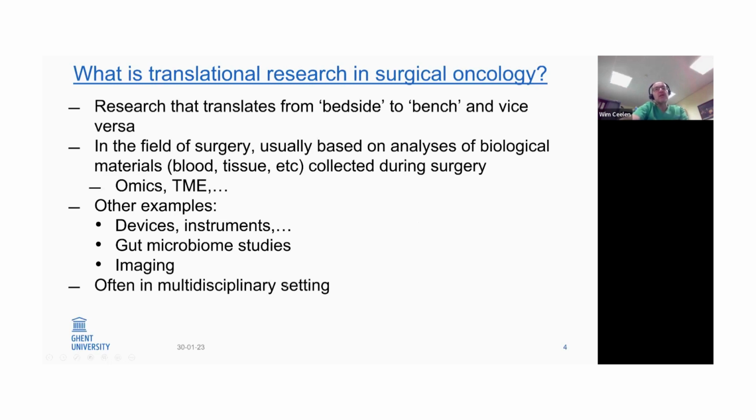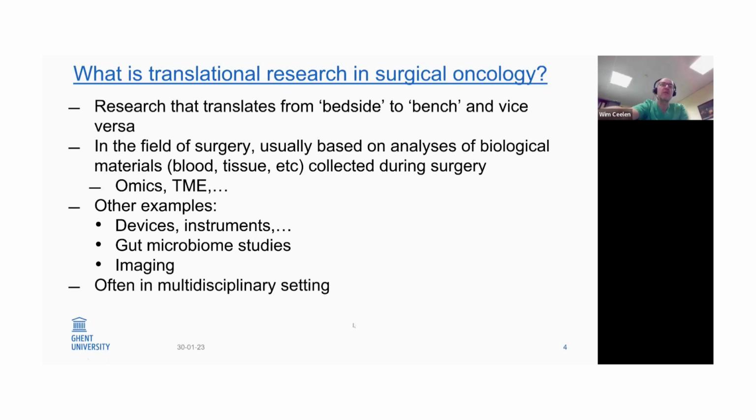The focus is mainly on biomarker development, on predictive models that predict response to therapy, and on prognostic models that predict the outcome of therapy, be it surgical or medical, based on the specific molecular assets of the tumor or of other tissues in the patient. That's the main focus nowadays of translational research in surgical oncology.